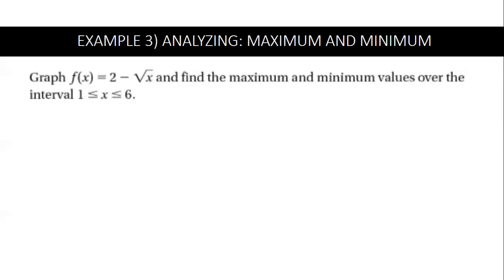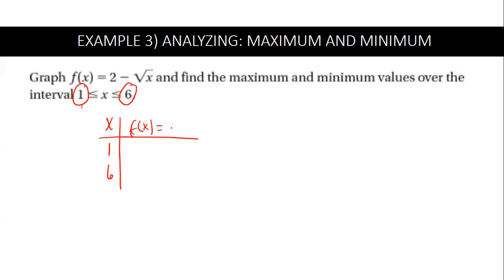So if I have this graph, f of x equals 2 minus square root of x, because the parent function is either forever increasing or forever decreasing. Does that make sense? My max and min depend on my interval values. So all I have to do is find the values of 1 and 6, the ends of the interval.